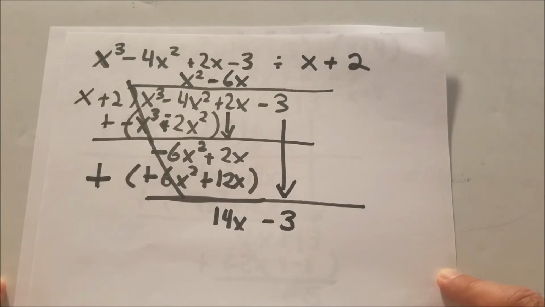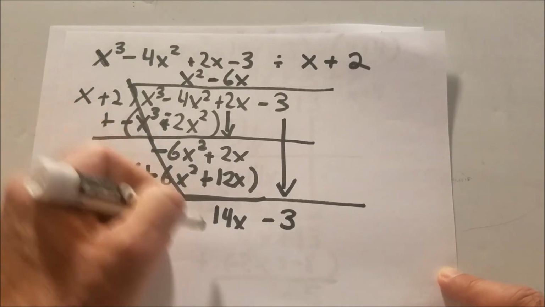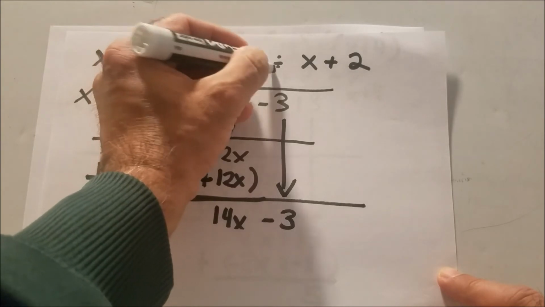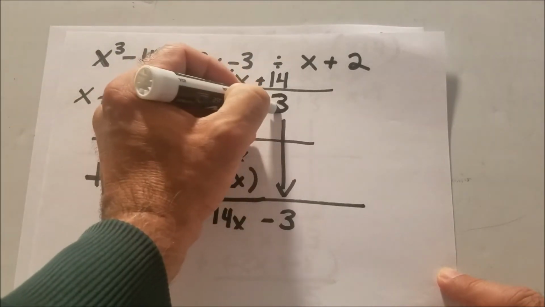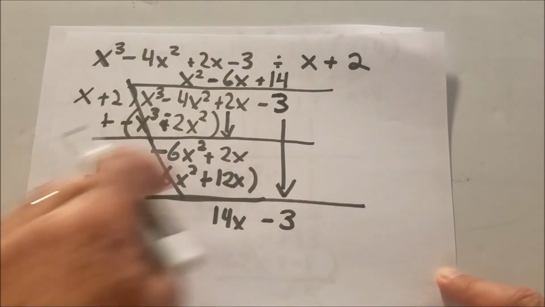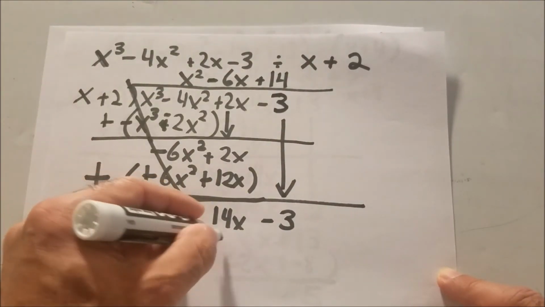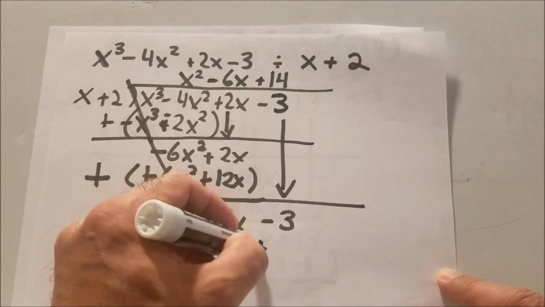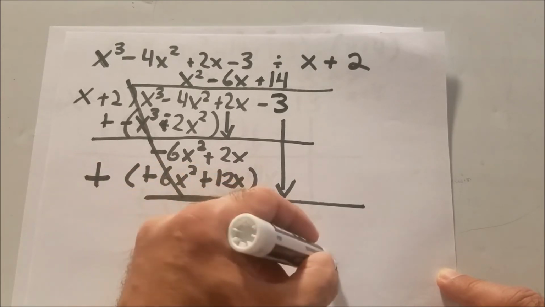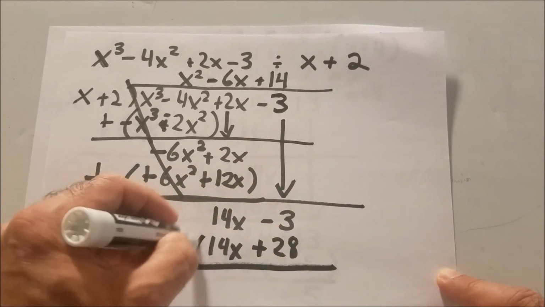And what's the next step? Well, we need to get 14x, so we need a plus 14. Now we stop. We ran out of what we're trying to divide. So let's put this back in. That'll be 14x, and this will be plus 28. 14 times 2 is 28.